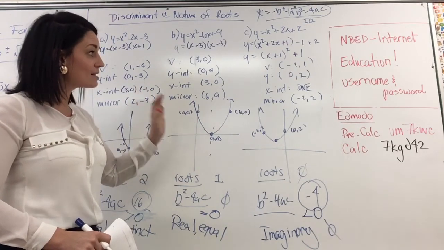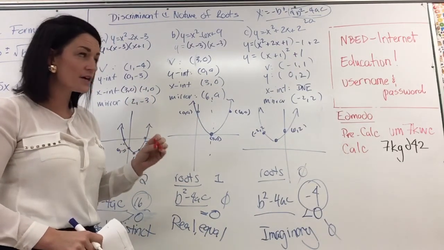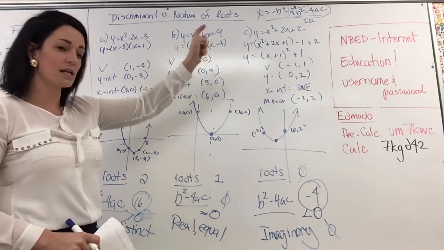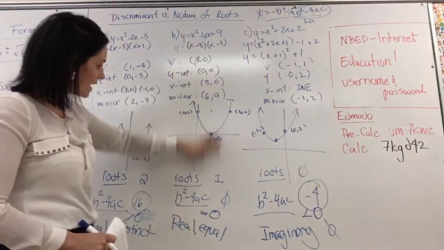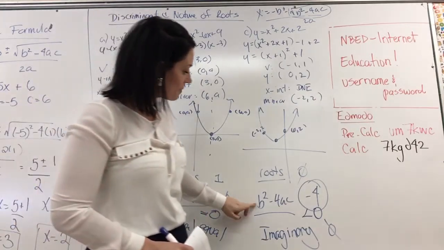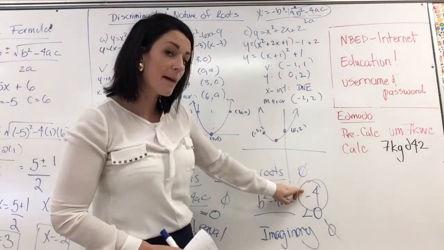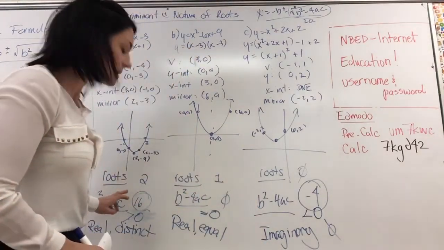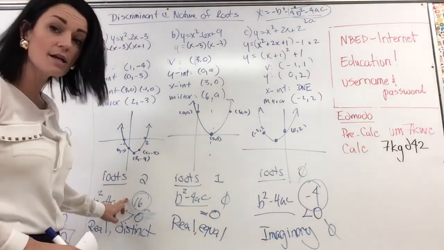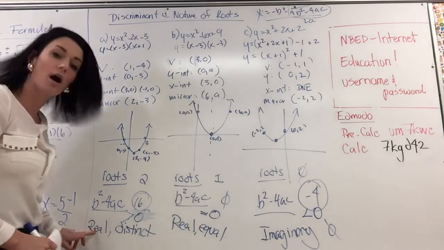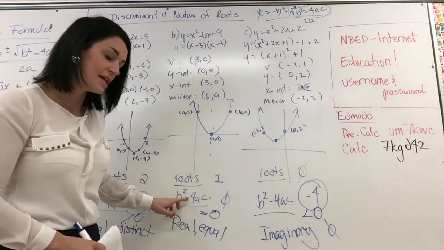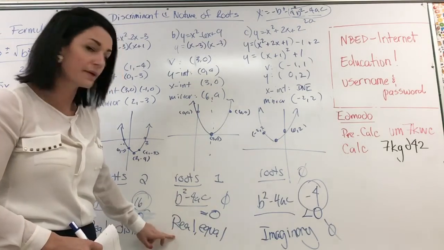When you're classifying your roots, all you need to do is figure out what b squared minus 4ac is. You don't do all of this other work. If you get a negative number, you know you have imaginary roots. If you get a positive number, you know they are real and distinct. And if you get 0, you know they are real and equal.